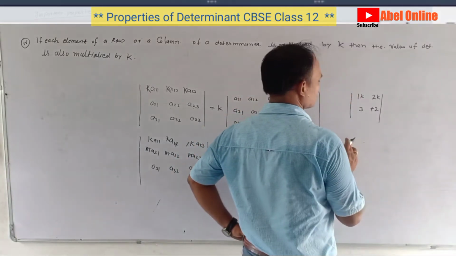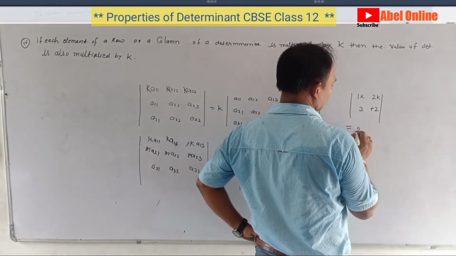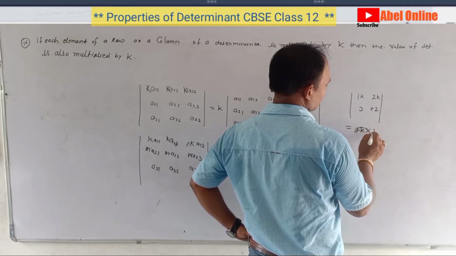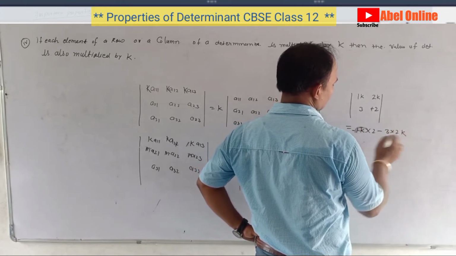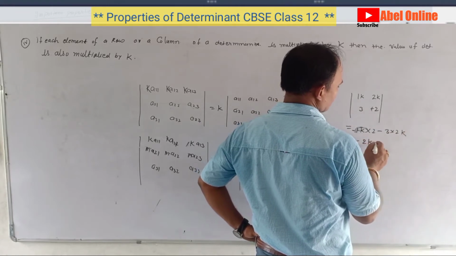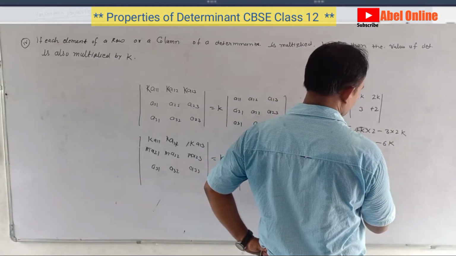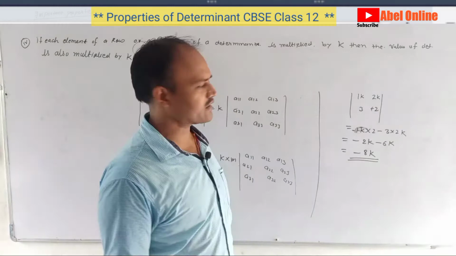The value is 2k times 1k... 1k multiplied by minus 2, minus 3 into 2k. So what is the answer? It is minus 2k and minus 6k, so it is minus 8k. It is the minus 8k answer.